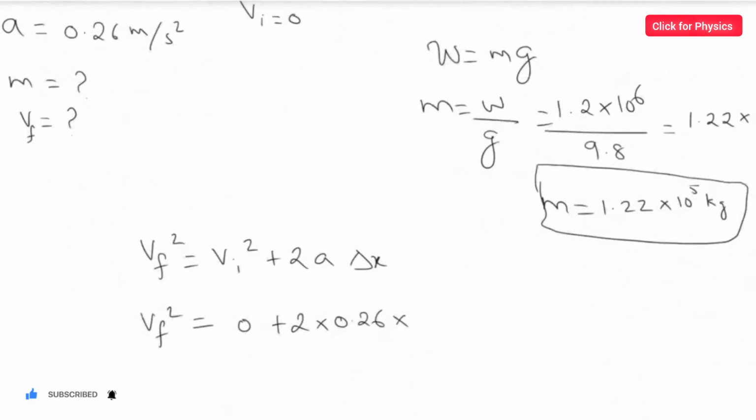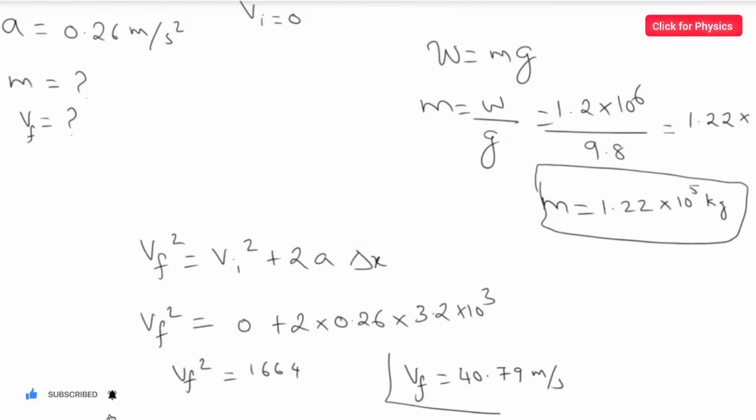So we got Vf square as 1664, and when we take the square root on both sides, the final speed is 40.79 meters per second, which is the answer for the final speed.